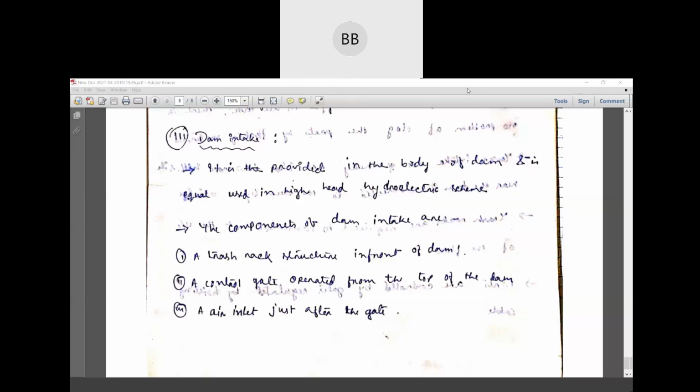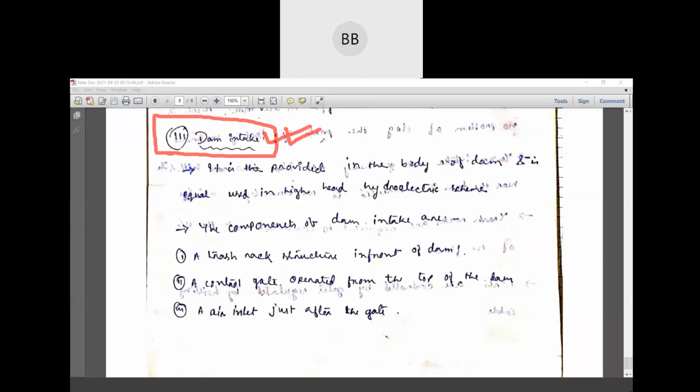So you can write it down: dam intake. Our dam intake is the very basic one. Whenever we start storing water, this concept starts from dam intake. Before this, in the intake structures we studied, we are not going to store water.